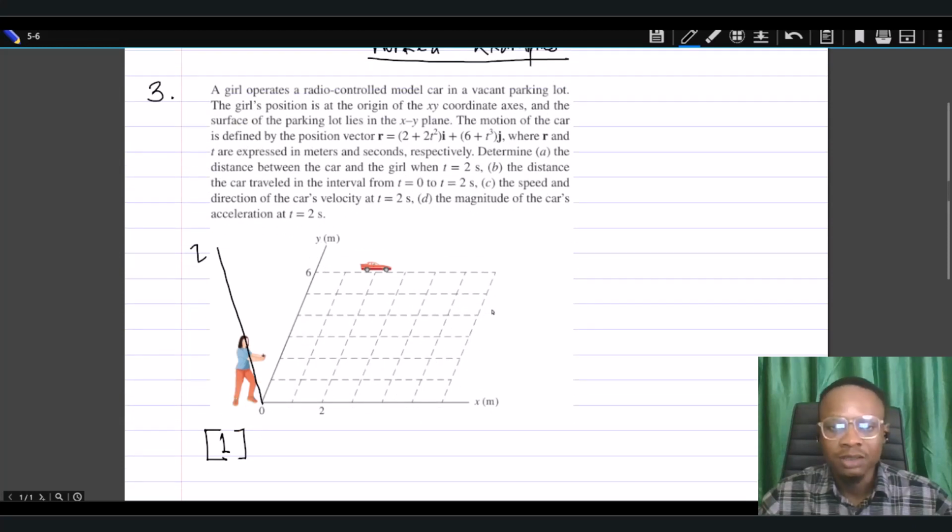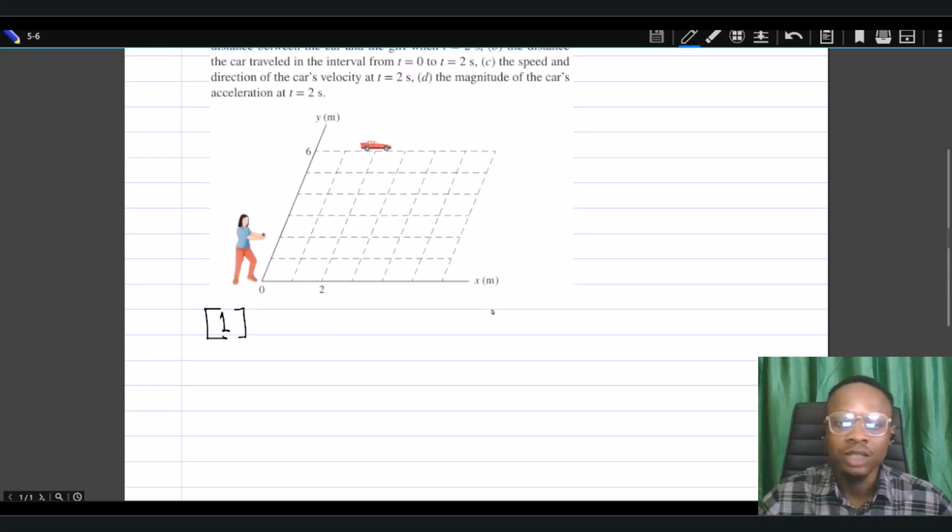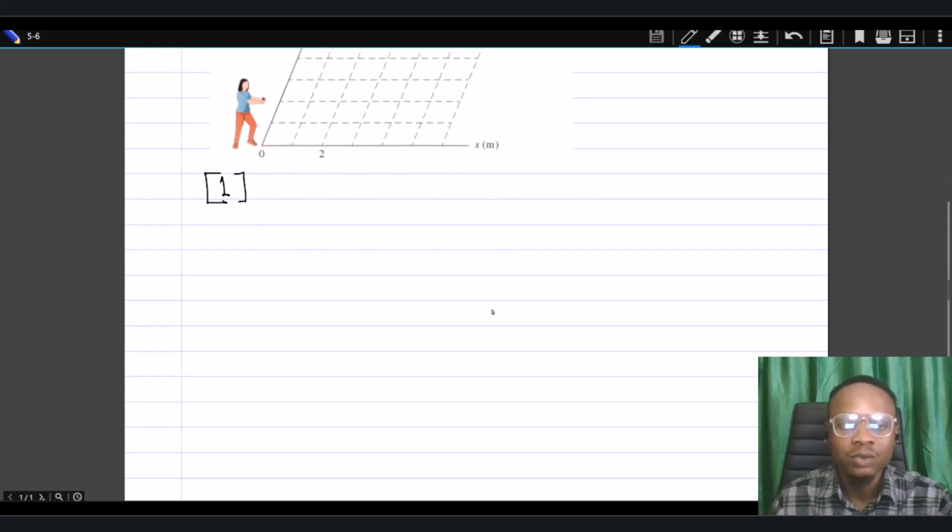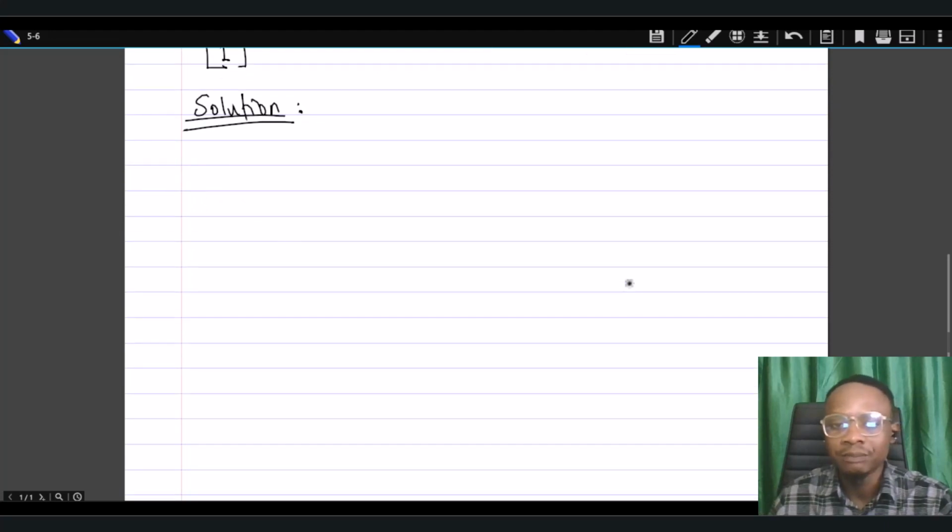So let me just get rid of this that we just showed. Okay, so now let's get into analyzing the motion of the car. As you can see, we know that the car is in the xy plane. So we're going to draw it right here as though we're just looking at the floor directly.